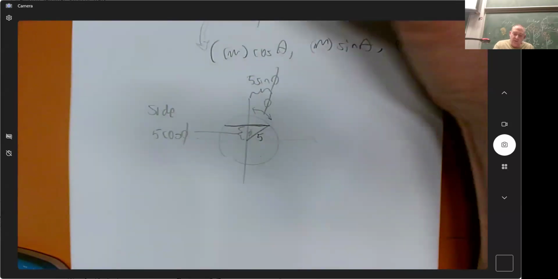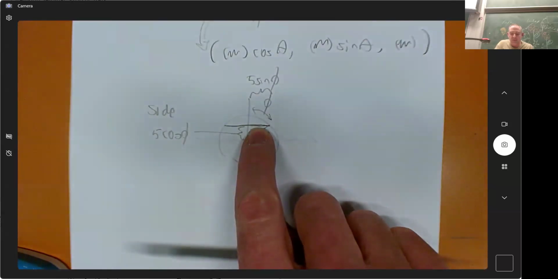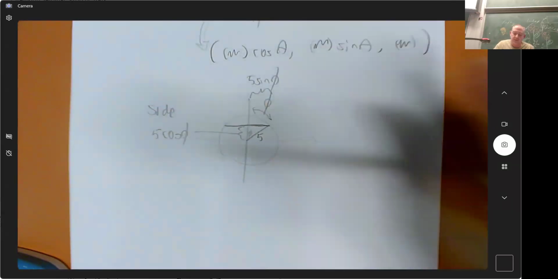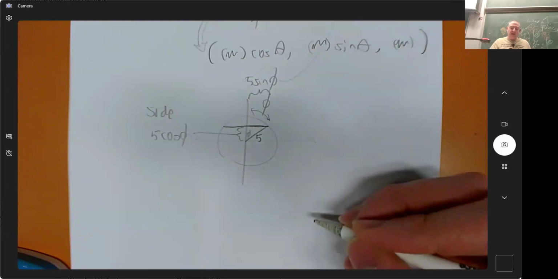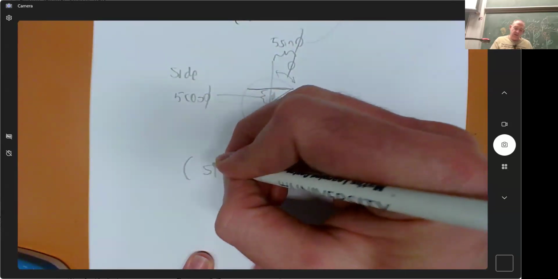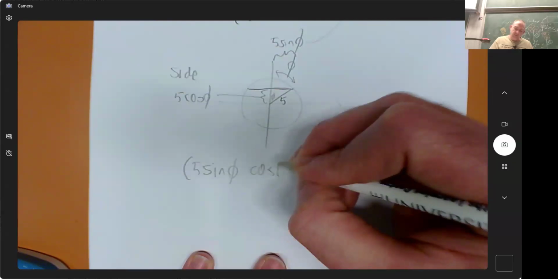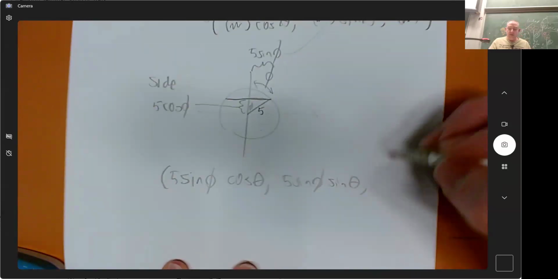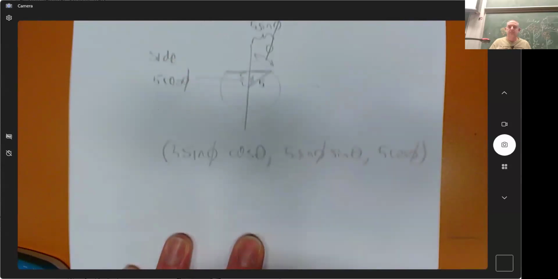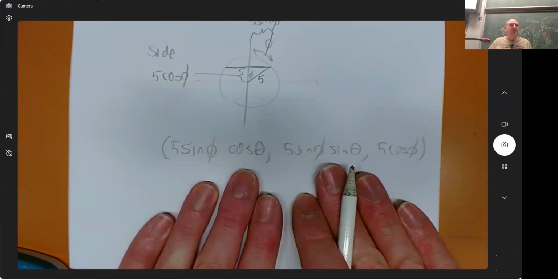But wait, that means that this distance is 5 sine phi, because this line here from above is that line there. And so actually the radius is 5 sine phi and the height was 5 cos phi. Isn't that cool?